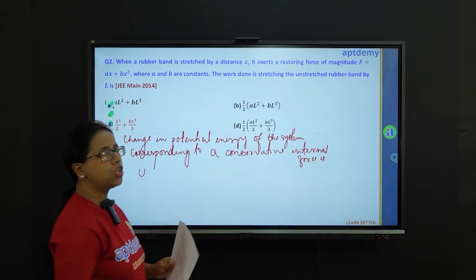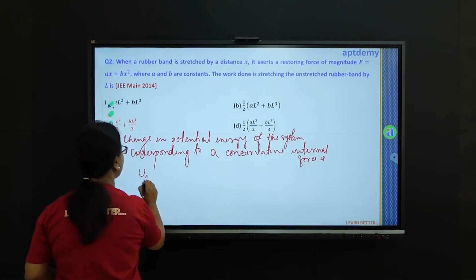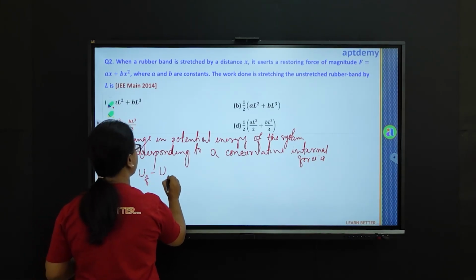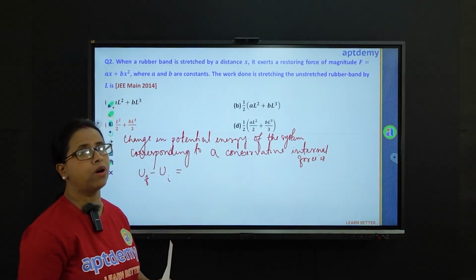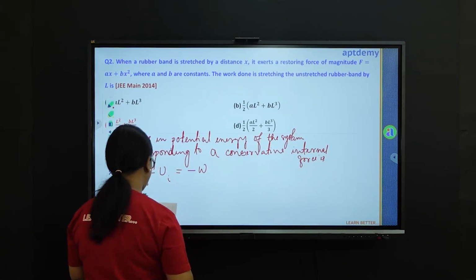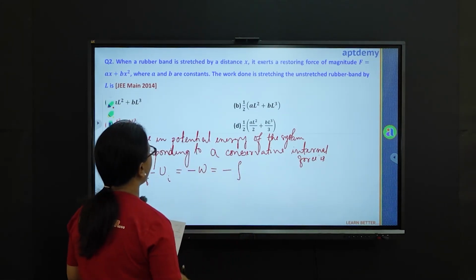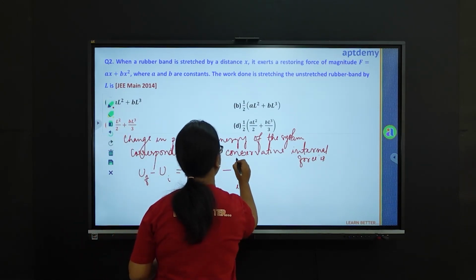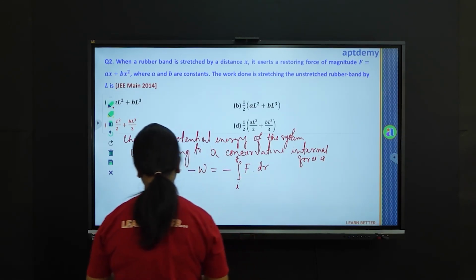Potential energy is represented by the letter capital U, and so the change in energy is U_F minus U_I, that is final potential energy minus the initial potential energy. This is nothing but equal to minus W, the work done, as we are talking of the restoring force, and here we have minus the integral from initial to final of F dot dr.